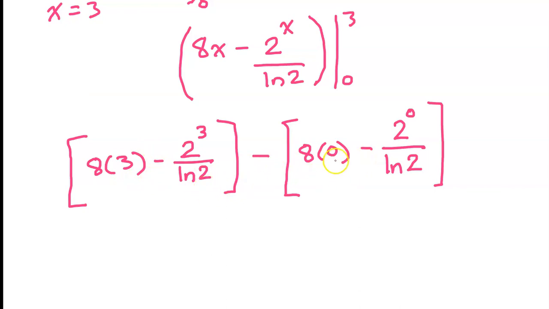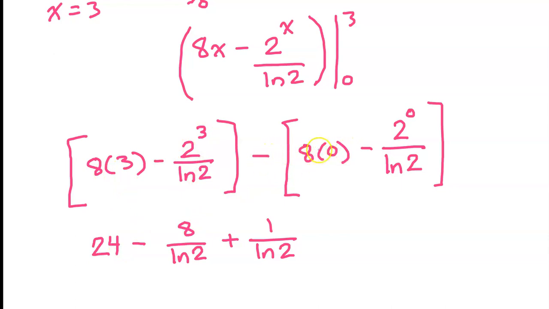If this was a test, you should probably stop here and just put this as your final answer. Since we are just practicing, let's go ahead and simplify as far as we can. So now we have this. 8 times 3 is 24, 2 to the third power is 8. The 8 times 0 is gone.